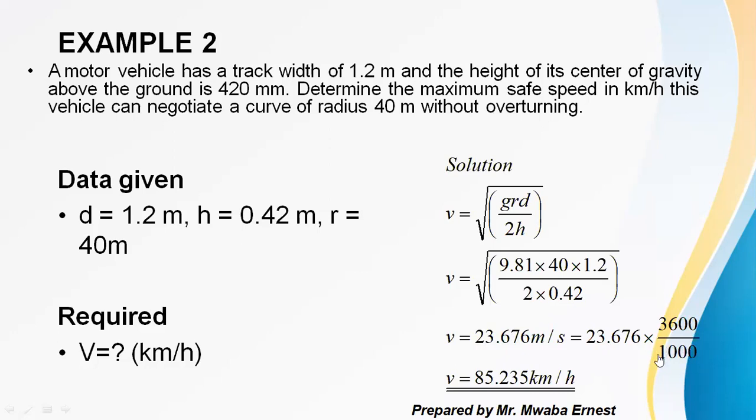Why are we doing that? We want to convert meters to kilometers. So that's why we're dividing by 1,000. The second, which is below here, we divide it by 3,600. We convert it from seconds to hours.